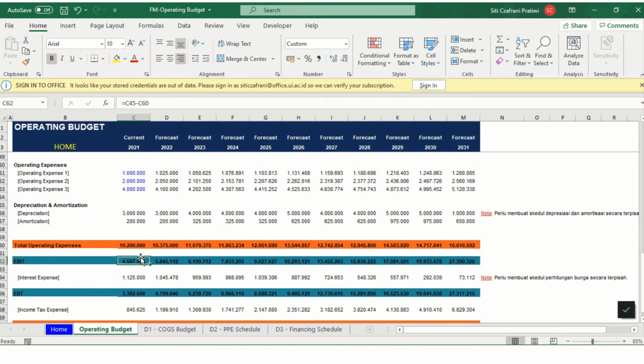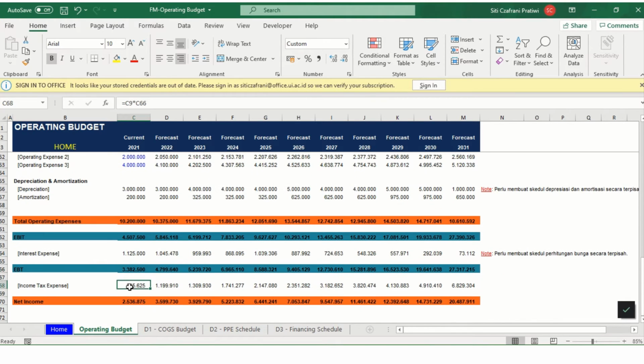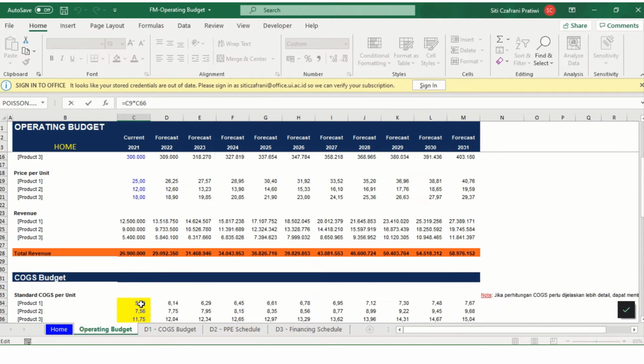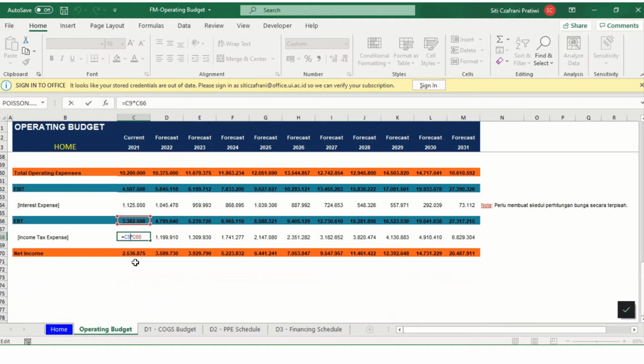If you take earning before interest and taxes minus interest expense, you will have your earning before tax, and the income tax expense is simply the EBT multiplied by the tax rate here. Our tax rate is constant for every year, which is 25%.